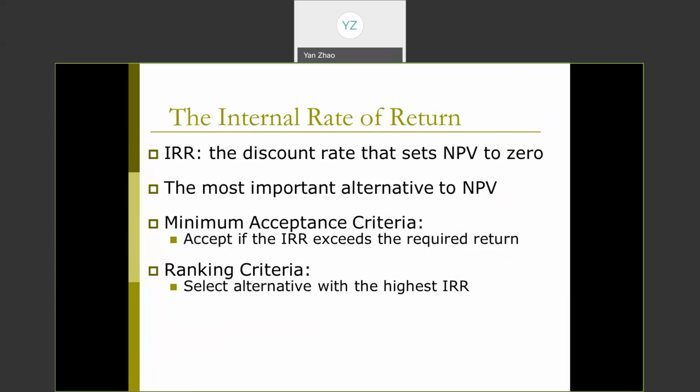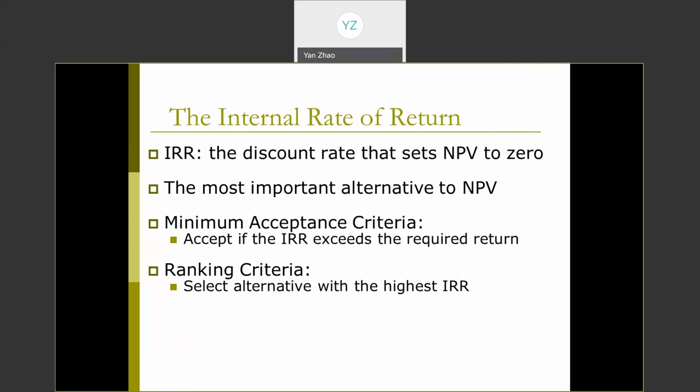Okay, so now the internal rate of return is another very important investment rule we're going to learn. So in this chapter, the most important one, and the one everybody uses, is the net present value. The second important investment rule is the internal rate of return. Most companies will use both of them at the same time.